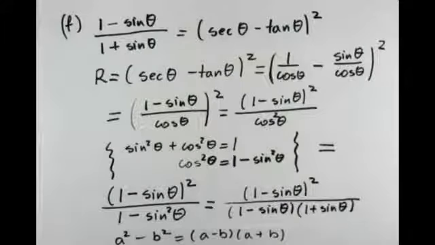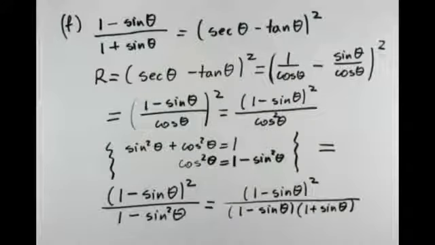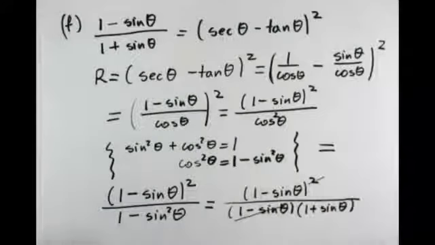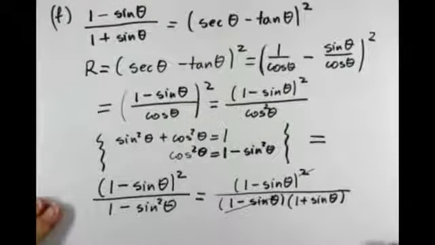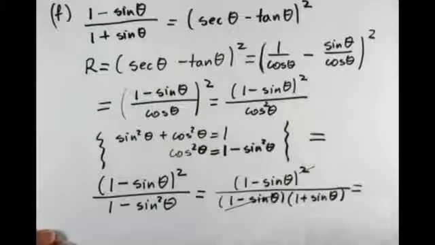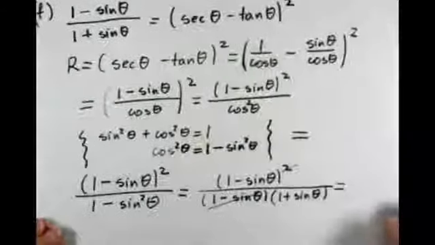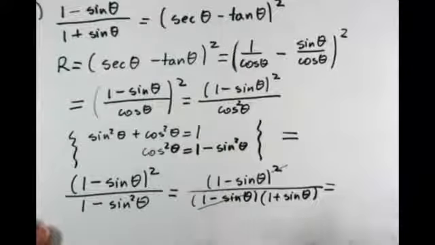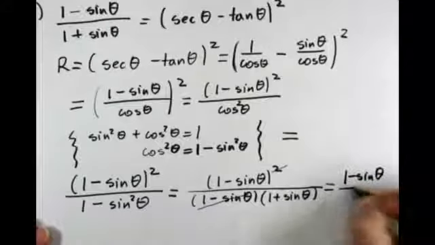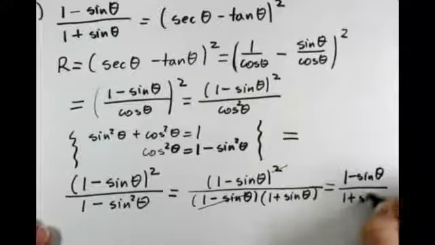Okay, and now one bracket and the square can cancel out. 1 minus sine theta cancels with the square. So what I'm left with is exactly what I need to show: 1 minus sine theta over 1 plus sine theta.